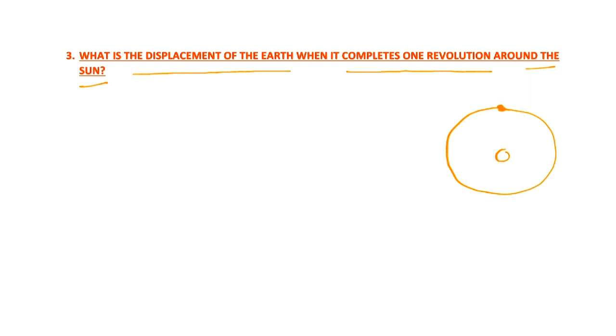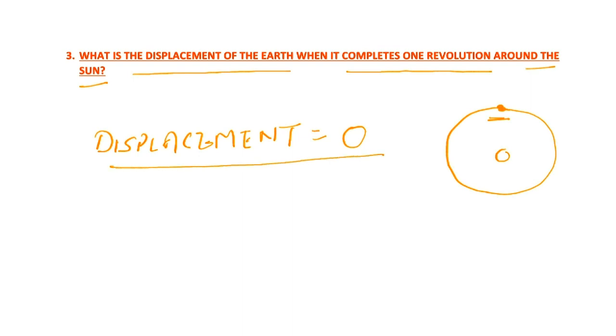Now, after completion of one revolution, the initial and the final position of the earth is the same. If the initial and the final position are the same, in that case the displacement becomes 0. I'm repeating again: if the initial and the final position of the object or the earth is the same, the displacement becomes 0.